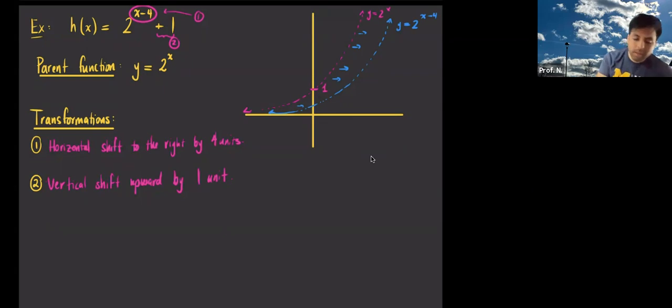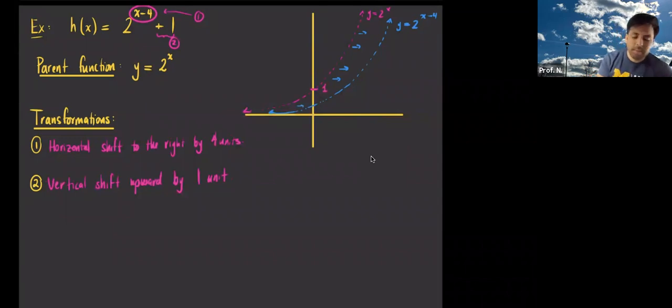So what is that going to look like? If I shift it up by 1, one thing you always want to make sure you have as a boundary is your horizontal asymptote. So if my horizontal asymptote is the x-axis the whole time, when I shifted it over to the right, it's still the same, right? But the moment I shift it upward, the horizontal asymptote is also shifted up.